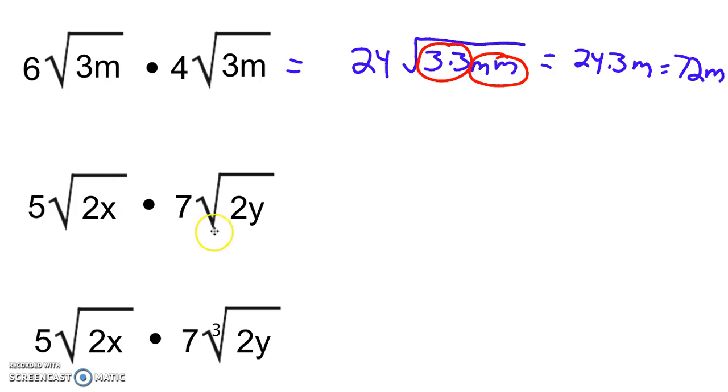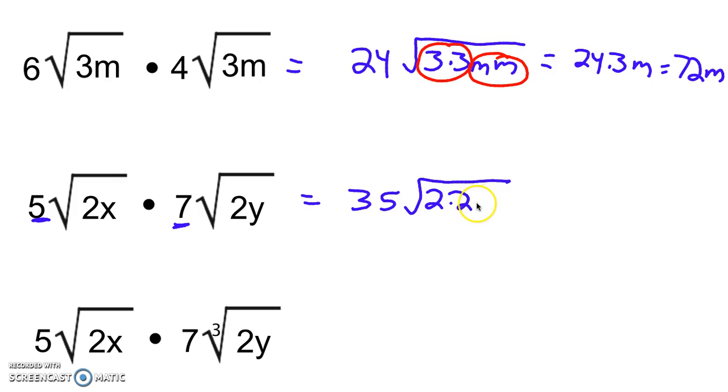So in this next case, we see that they're not like terms, but because it's multiplication, it doesn't matter. We take the numbers outside the radical and multiply them together. We take the numbers, or letters, under the radical and multiply those. Remember that since it's a square root, we like pairs, so I'm not going to multiply that 2 times the other 2.